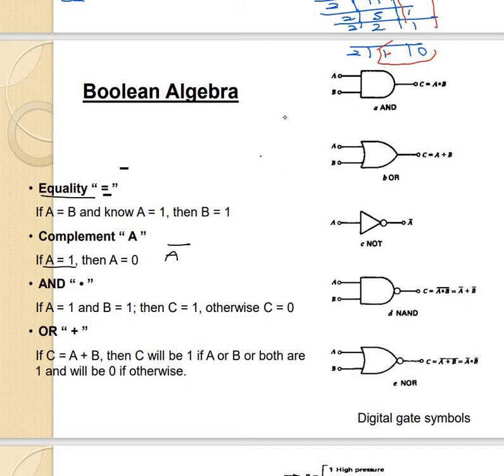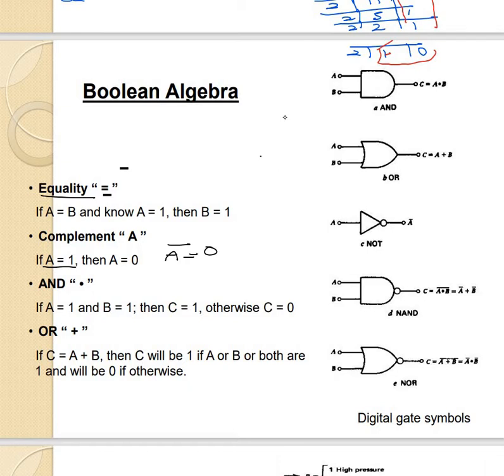The value is opposite to A. So for your information, for the binary system, we only deal with the numbers 1 and 0. So for the complement, if A equal to 1, the complement of A, meaning A bar, will be equal to 0.